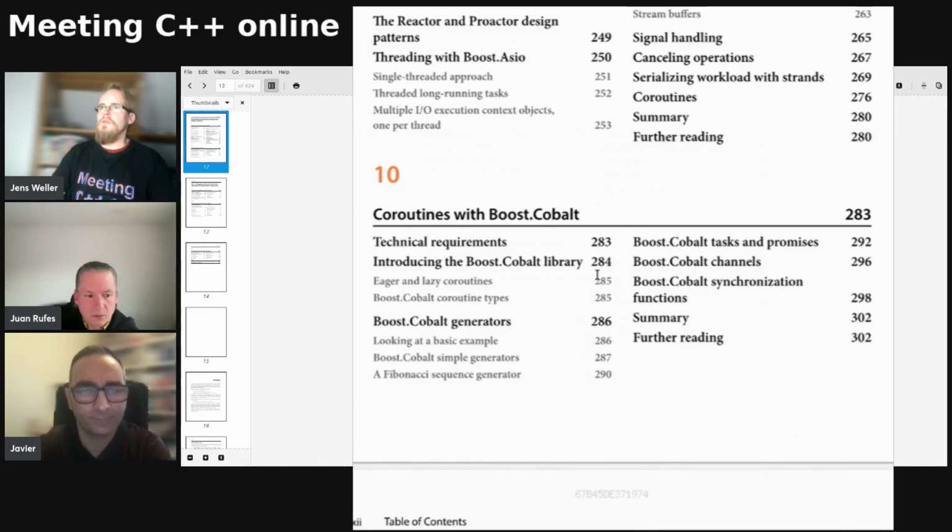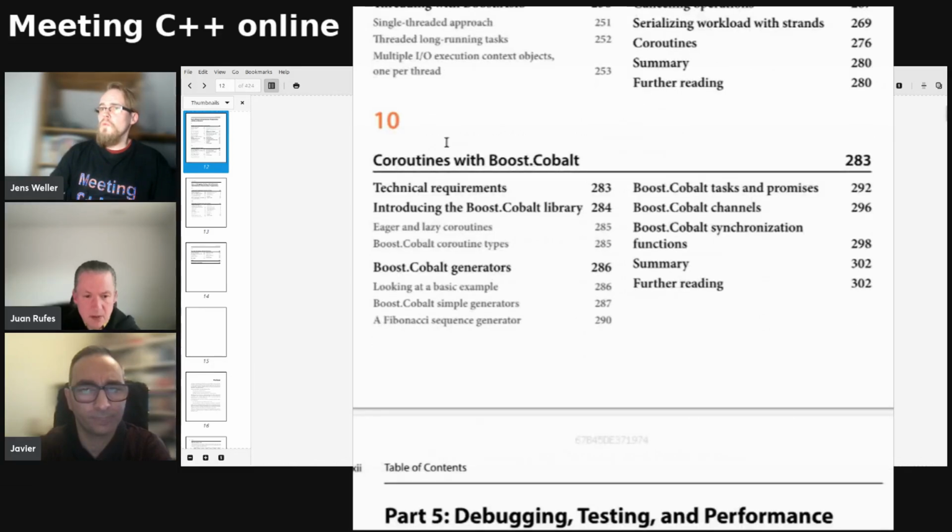Then in the 10th chapter, you cover something rather new, the Boost.Cobalt library, which is in Boost since version 1.84, which is like 2023. So it's been in Boost for almost two years. Yes, I'm not sure if it's 1.84 or 1.86.